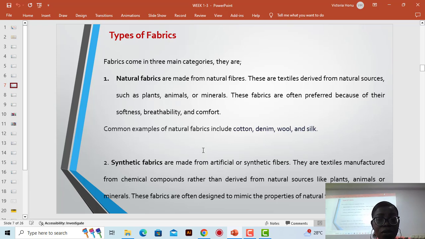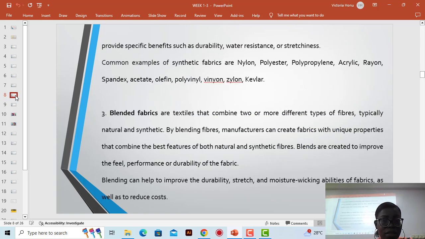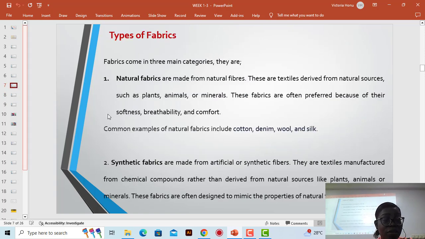Okay, so we have the synthetic fabrics. They are made from artificial or synthetic fibers. I want to ask a question, but let's get to this. I'll ask a question right now.